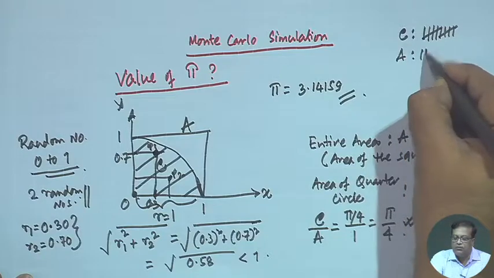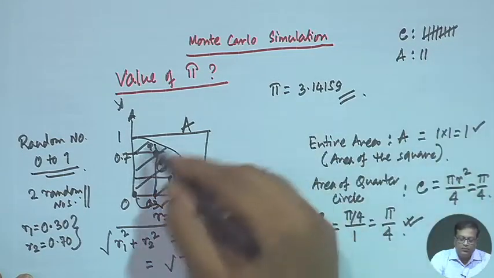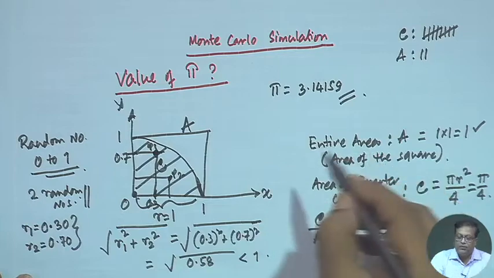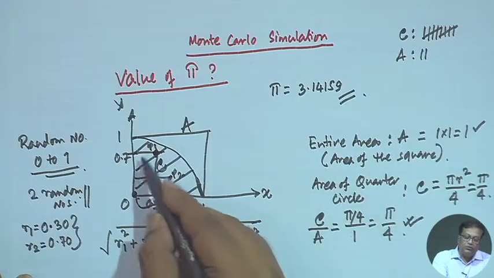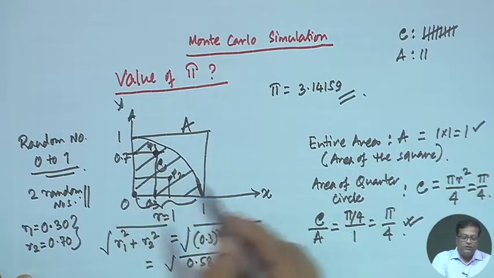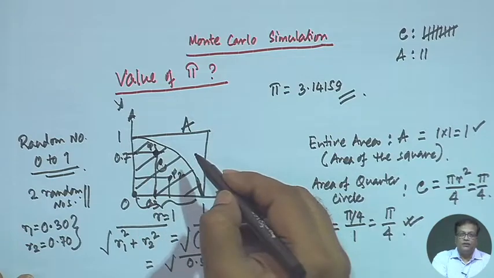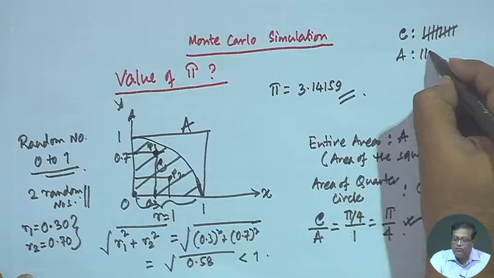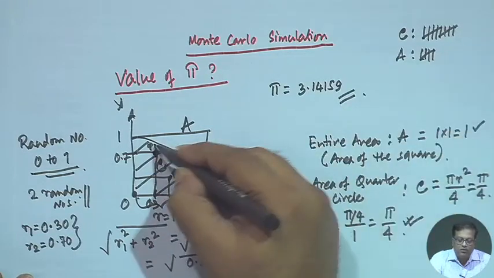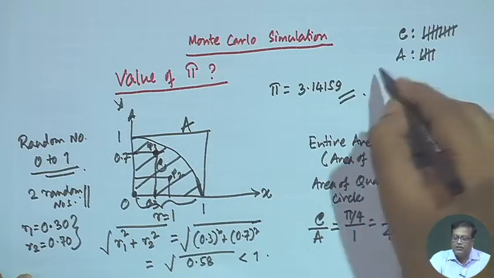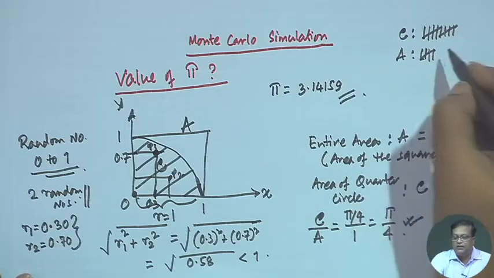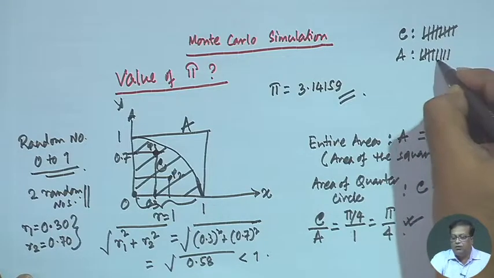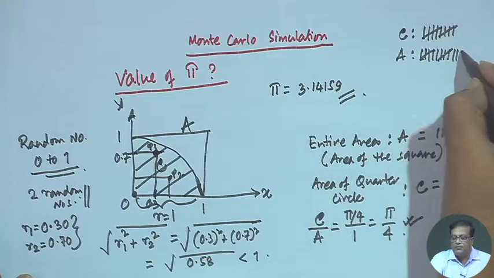Maybe A is also going up, right. How many points are within A? There will be some points which will be within C, some points which will not be within C, but all of them will be within A. So, whatever points we have generated, they are all within A, but not all will be under C, right.